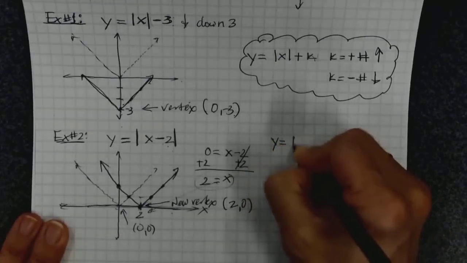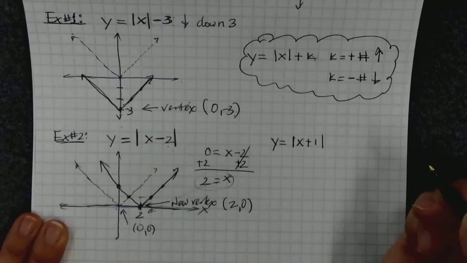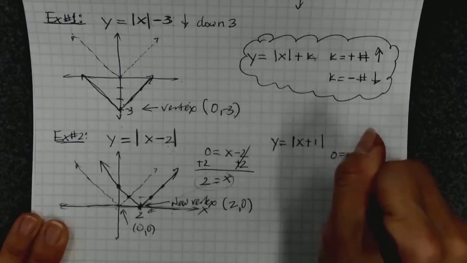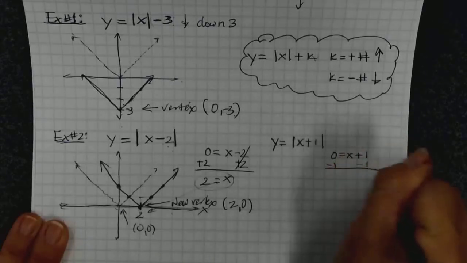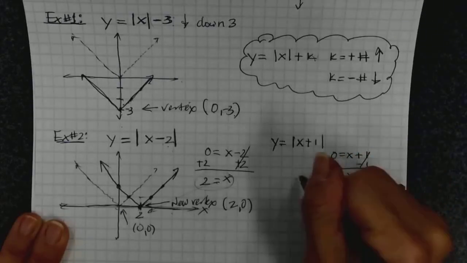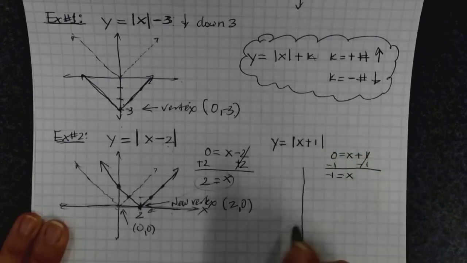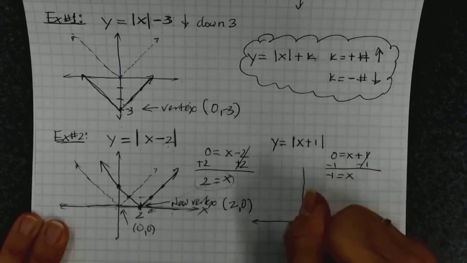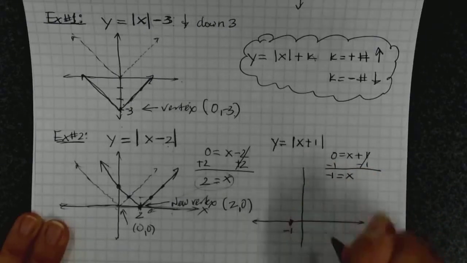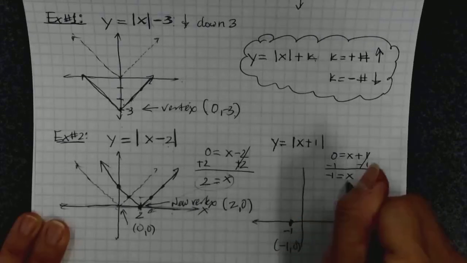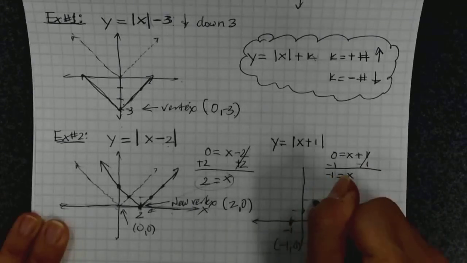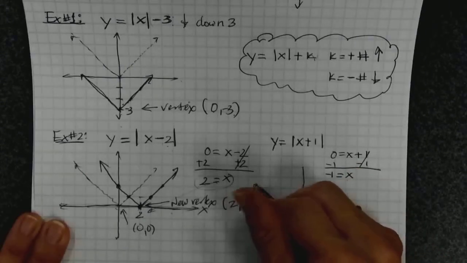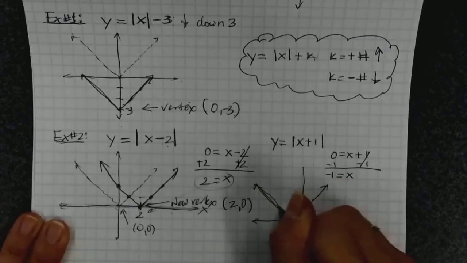So same thing, if I did y equals absolute value of x plus 1. So this is on the inside, and if I set this equal to 0, I would subtract 1 from both sides. x would equal -1, so this transition, the absolute value of x plus 1, will go to -1, and my vertex would be here at (-1, 0), and I go up 1 over 1, up 1, it creates that nice V, so it's transitioned over to the left 1 of that V shape.